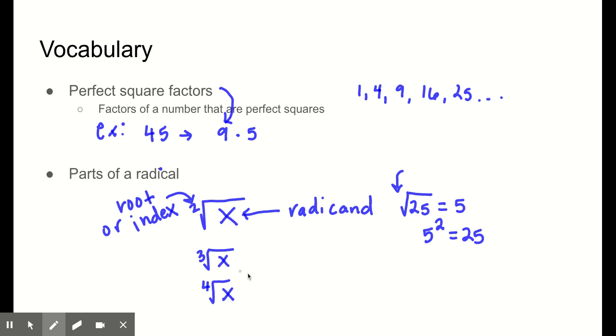Well, if we were looking for the cube root, let's say the cube root of 8 would be 2 because 2 to the third power, so again, that index or that root, 2 to the third power is equal to 8. So again, the number inside the radical is what I will refer to as a radicand, and the number on the outside of the radical is the root or index.